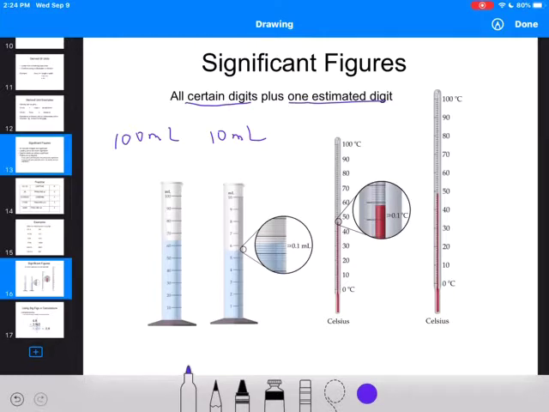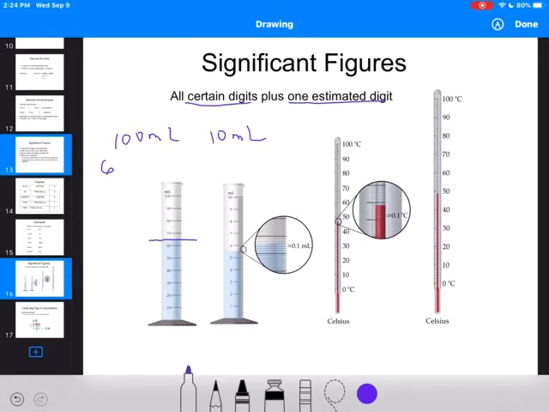So let's examine this 100 milliliter graduated cylinder on the left. Of course, you know you read from the bottom of the meniscus, so here we go. I want to say that I know the tens place for sure. It's between 60 and 70. So I write down a 6 for the tens place.